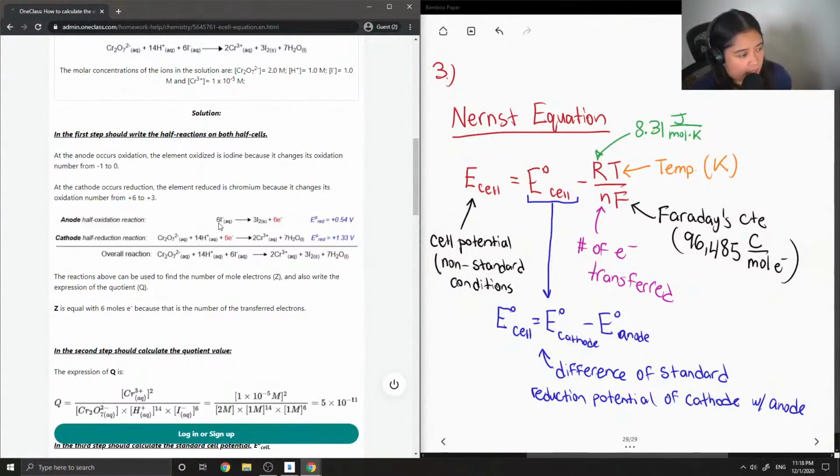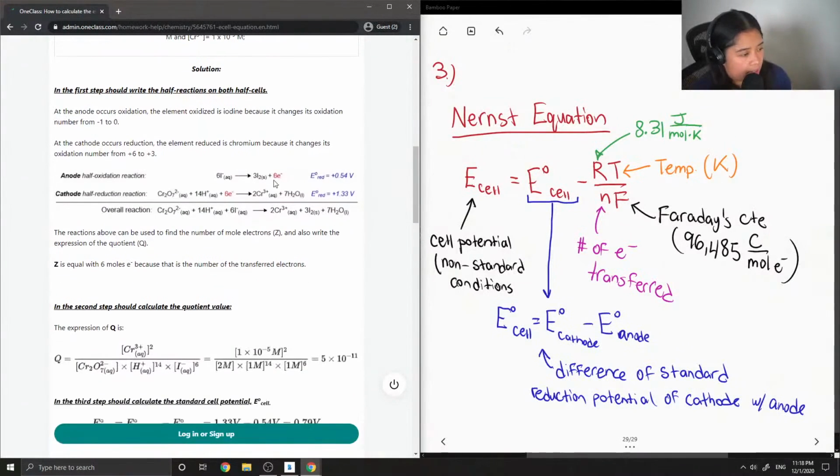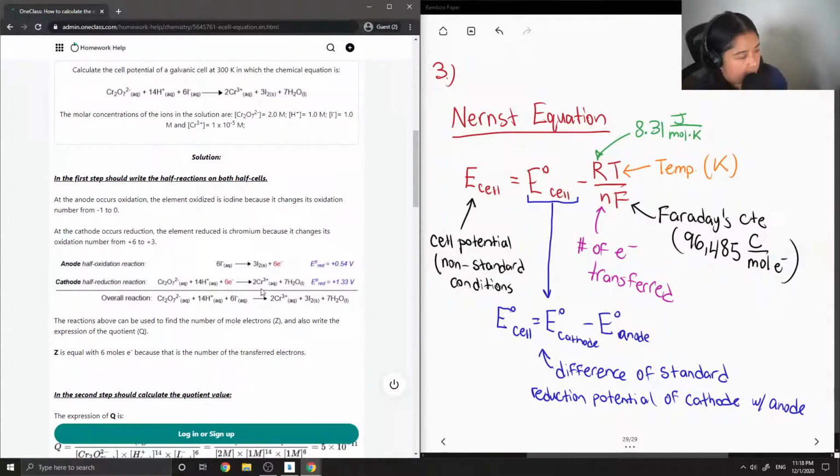So notice that the iodide has a -1 charge. They needed to add the 6 electrons on the right side to also have a -1 charge. And similarly with the chromium, they have plus the 14 protons plus 6 electrons makes 2 chromium 3+ plus 7 H2O.